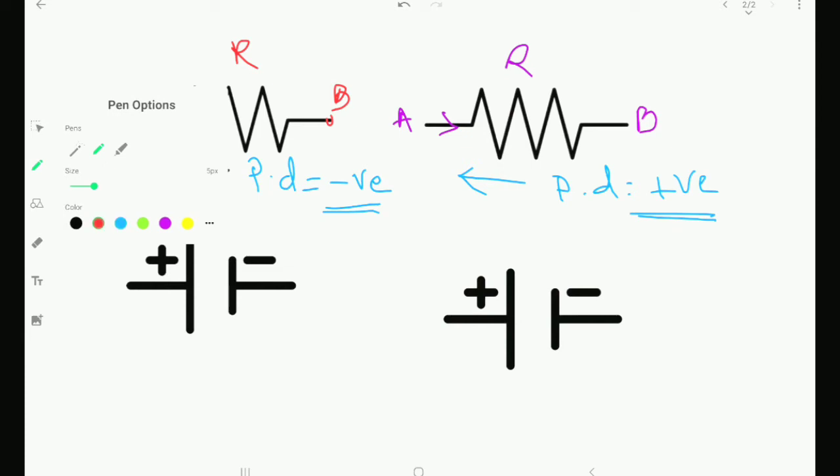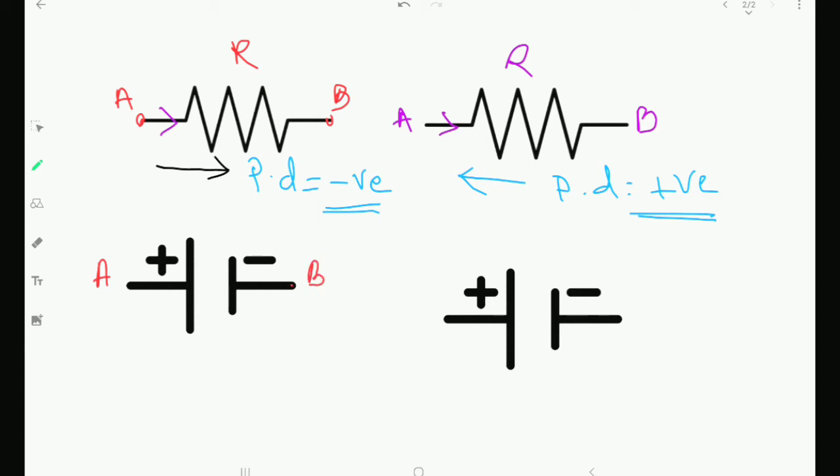Now in the case of a battery, this is point A and this is point B. If you are measuring the EMF from negative potential to positive potential, then the EMF or potential difference across the cell is taken as positive. If you are going from high potential to low potential, then the potential difference is taken as negative.